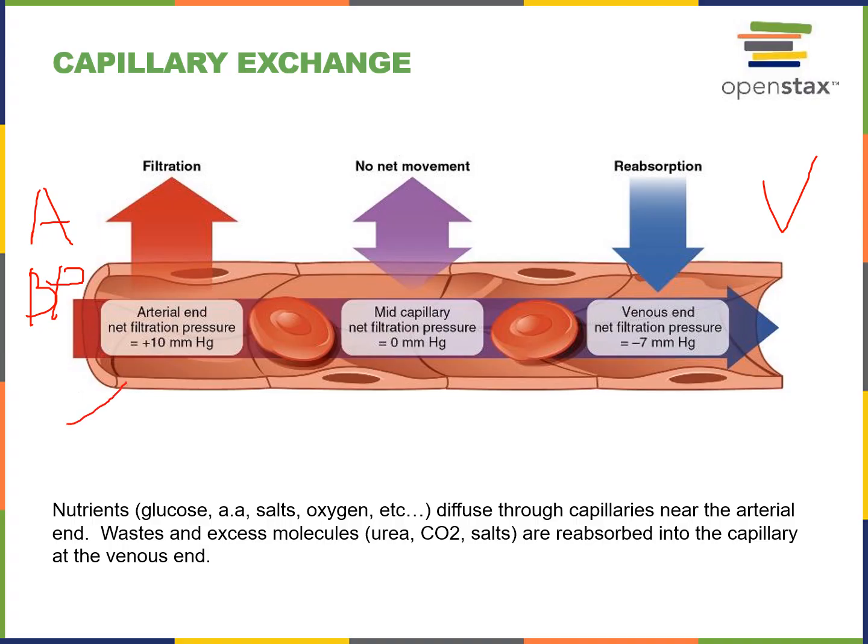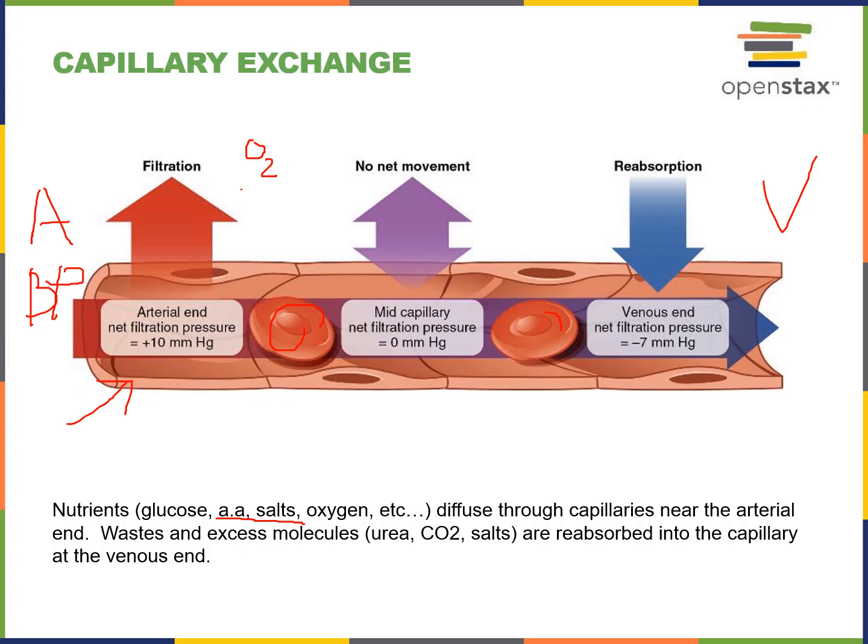That high pressure at this end creates a situation where substances will move out of the capillary. So what kind of substances? Well, the ones we just talked about: oxygen, glucose, amino acids, salts, etc. Cells, like this red blood cell shown here.